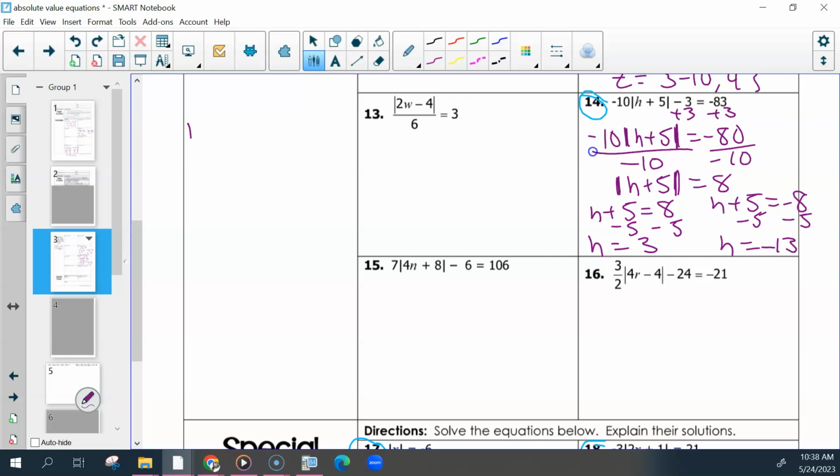Let me put this answer over here. So this would be h equals, curly brackets, -13, 3. Doesn't matter how you place the numbers 13 and 3? It has to be least to greatest. So yes, it matters.